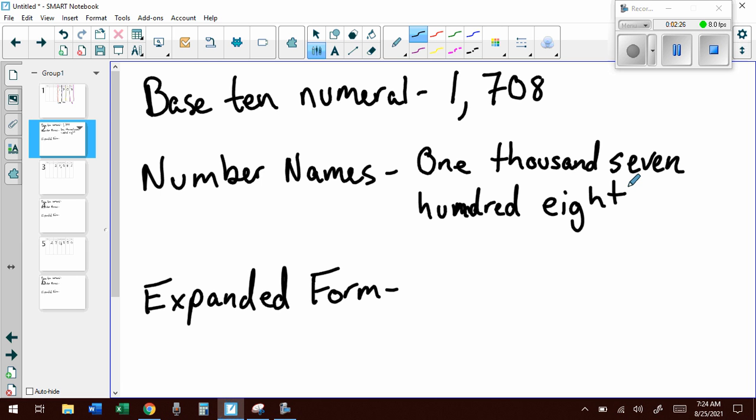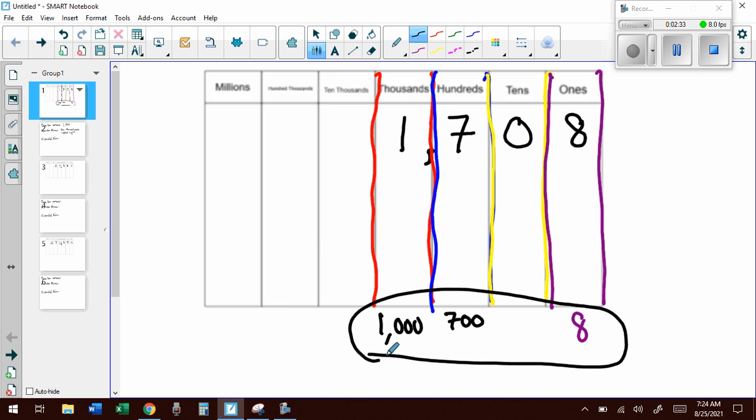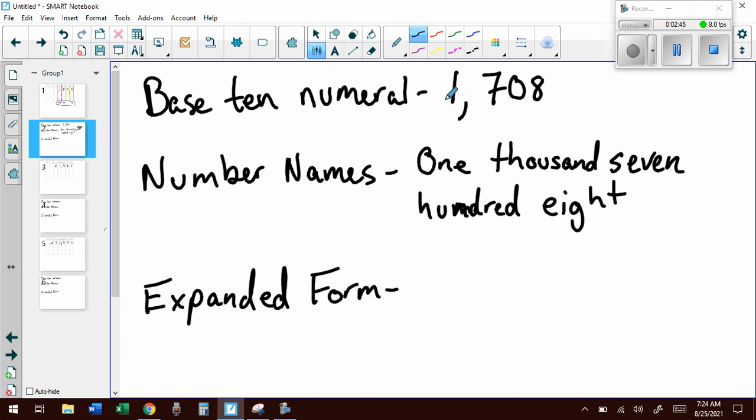Now for expanded form, we go back up to what we have right here, and we are going to use these three numbers. Expanded form means you take the value of each digit and you inflate it kind of like a balloon. So the value of that 1 was 1,000.